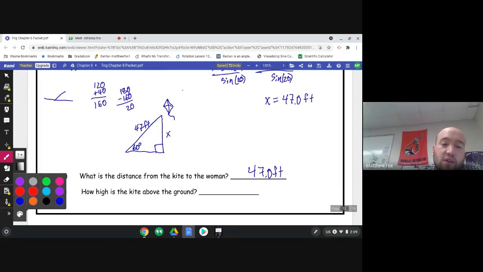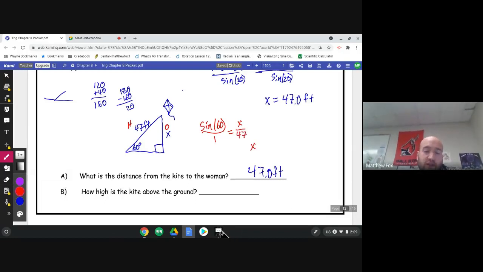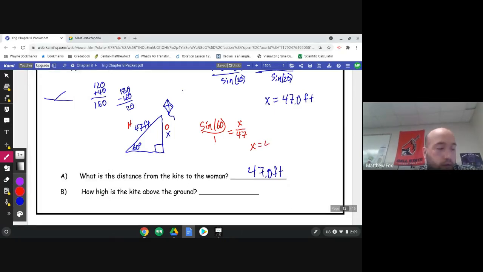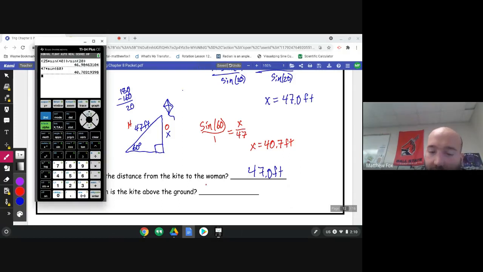Now let's label, this is our hypotenuse, this is our opposite, so we're going to use sine. Sine of 60 equals opposite over hypotenuse, so x over 47. Cross multiply, and 47 times sine of 60 will give us our answer. So 47 times the sine of 60 equals 40.7 feet. Sorry, I bumped it. It's not showing up. Let me get that back up. There you go. So 40.7 feet would be how high above the ground it is.